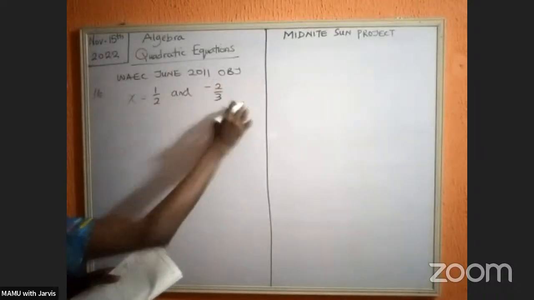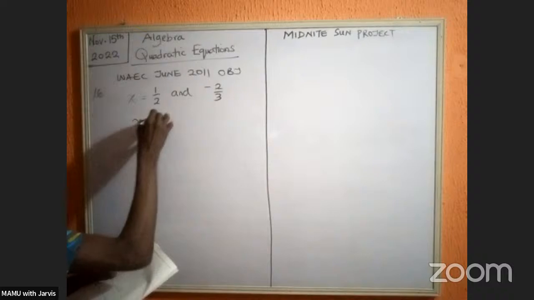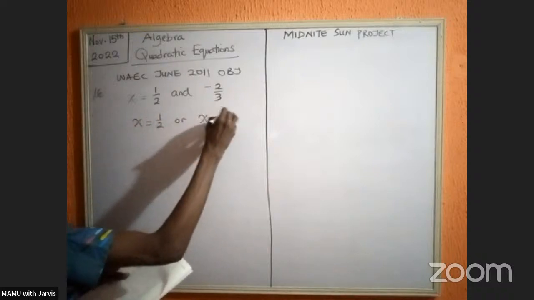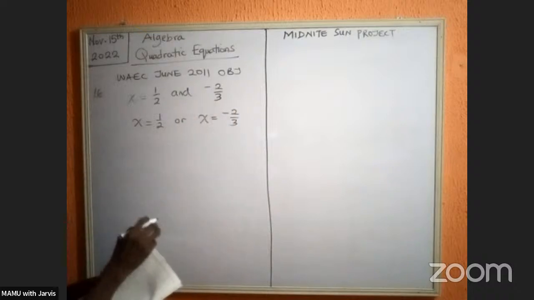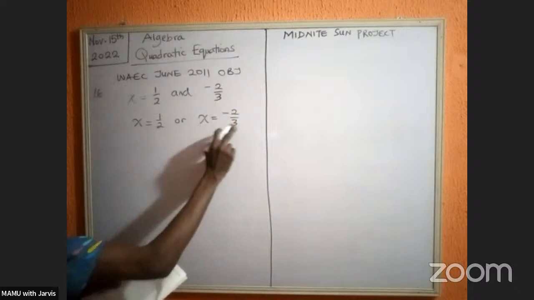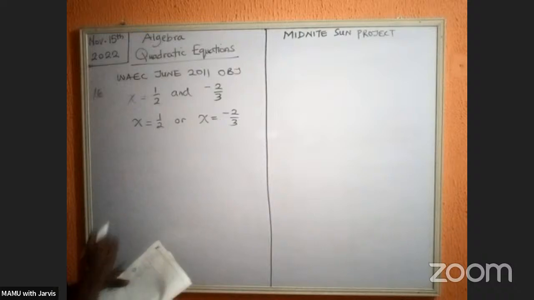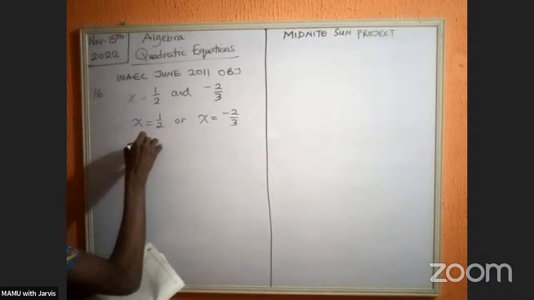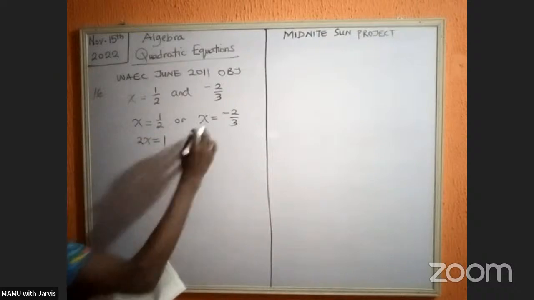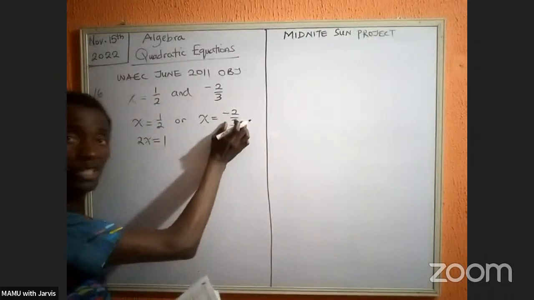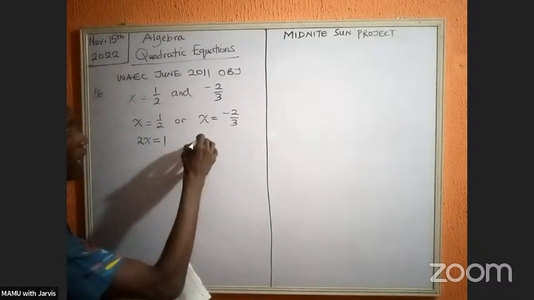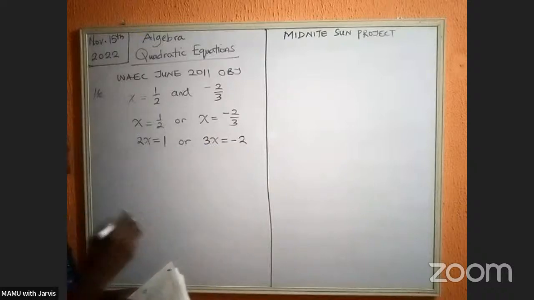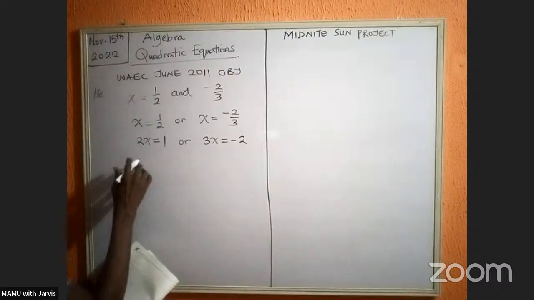What this invariably means is that x is equal to 1/2, or x is equal to -2/3. The first thing I want to do is multiply both sides by 2. This will give me 2x equal to 1. I multiply both sides by 3 because we are doing this to clear the denominator: 3x equal to -2.